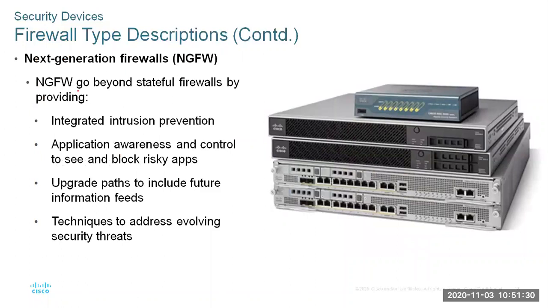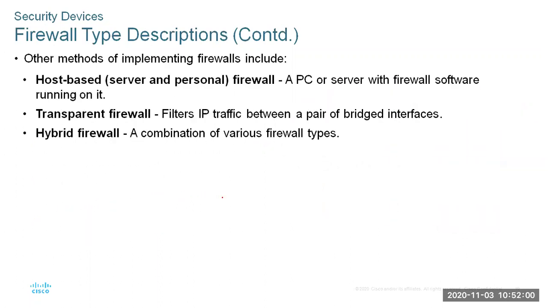The NGFW goes beyond stateful firewalls by providing integrated intrusion prevention, that is IPS, application awareness and control, an upgrade path to include future intrusion feeds, and techniques to address evolving security threats.